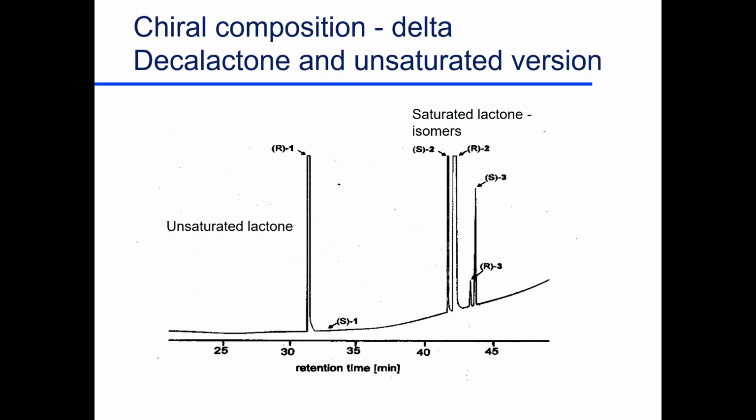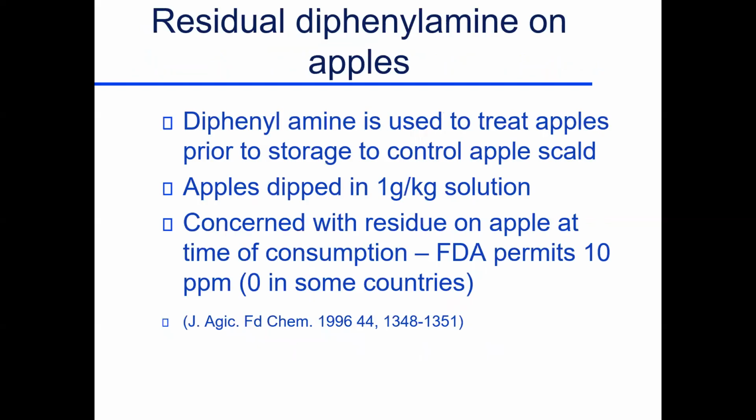You have to have a special column called a chiral column, and that will actually be able to separate chiral isomers. Not a simple task. Here's the S and the R form of these lactones. So again, a tough analysis, but it can be done relatively easily by gas chromatography.